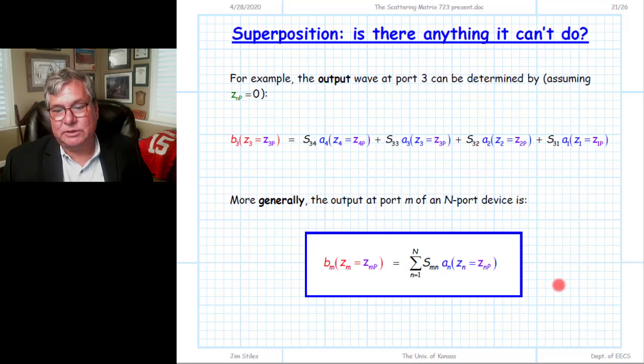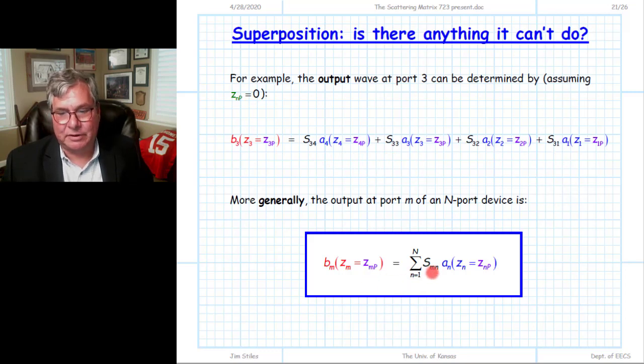We can generalize this result to any of the ports on a multi-port device. We'll call it port M, the scattered wave at port M. The normalized value of the scattered wave at port M is related then to the incident waves at all other ports if we know the scattering parameters associated with the scattered wave at port M. So like in the example here, we had S34, S33, S32, and S31.